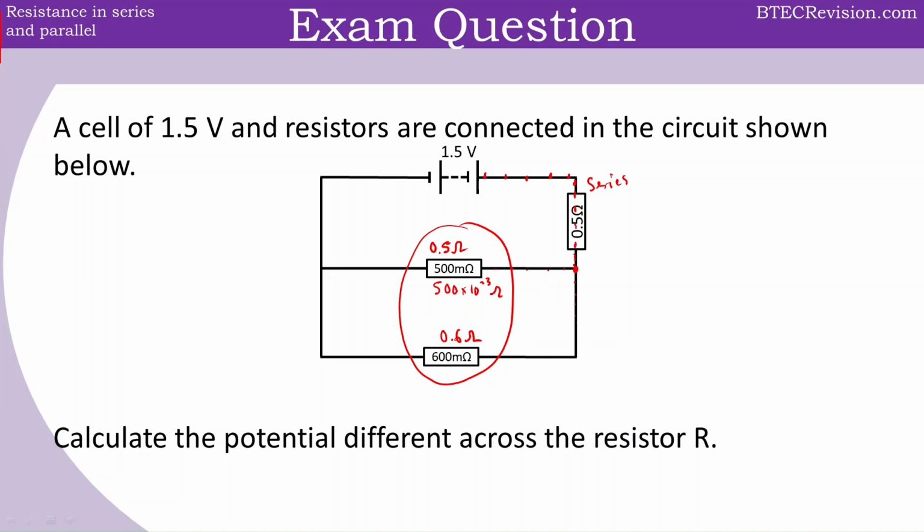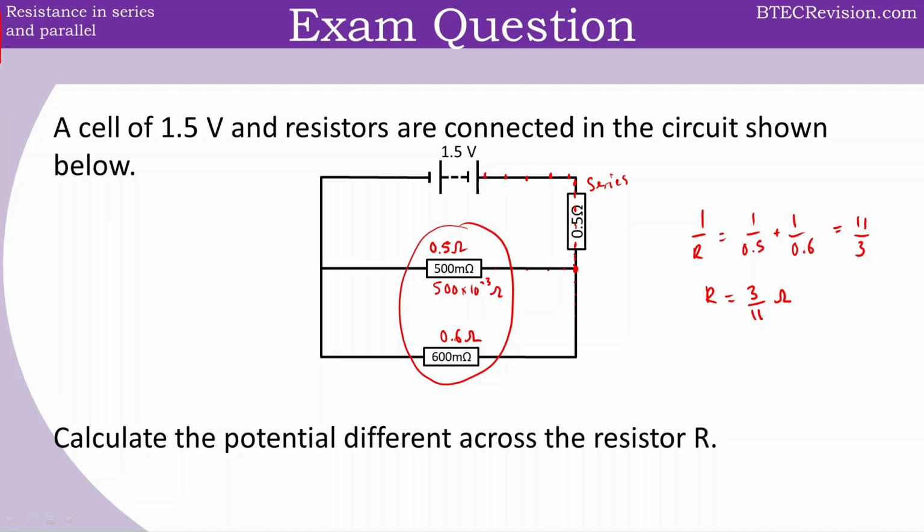So we can start by working out this resistance. So that would give us 1 over R, which is equal to 1 over 0.5 plus 1 over 0.6. And that gives us a value of 11 over 3. Now working out the resistance, R, that gives us 3 over 11, and that would be ohms.